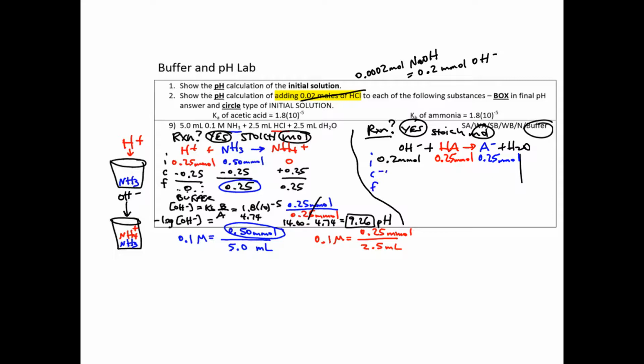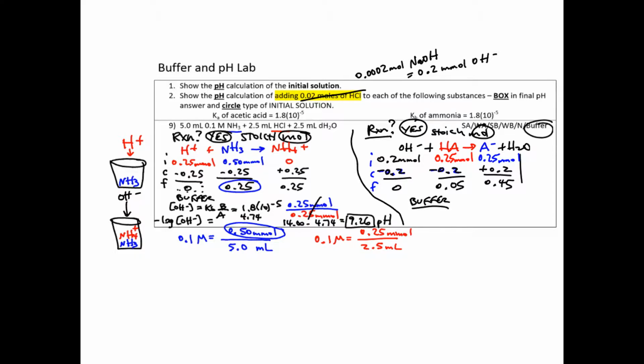So minus 0.2, minus 0.2, and then plus 0.2. So that's a 0, this is a 0.05, and this is a 0.45. Now look at what you have. You have a buffer, so we're going to use the buffer shortcut.